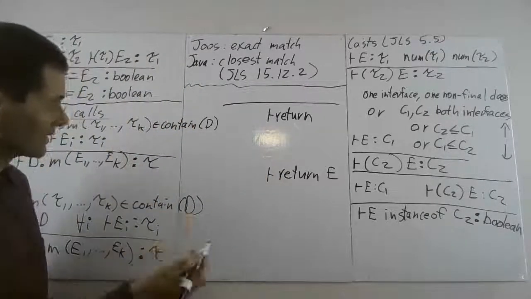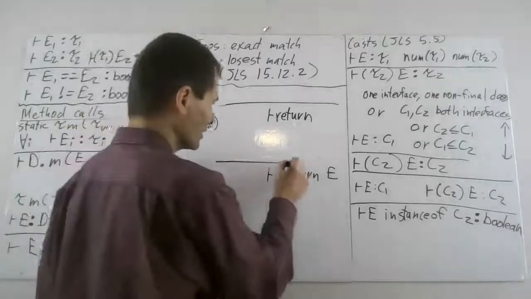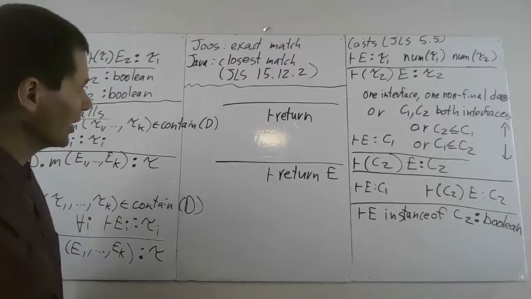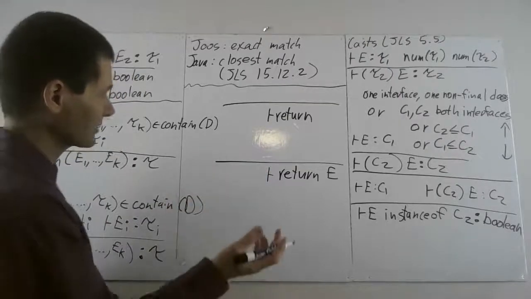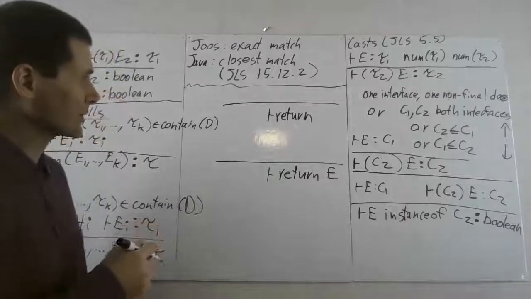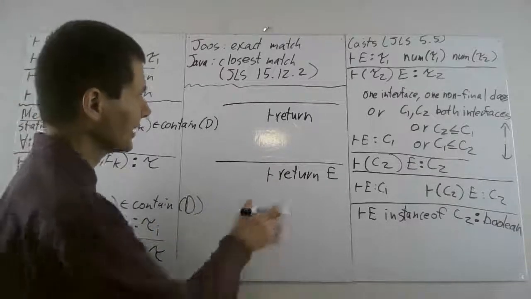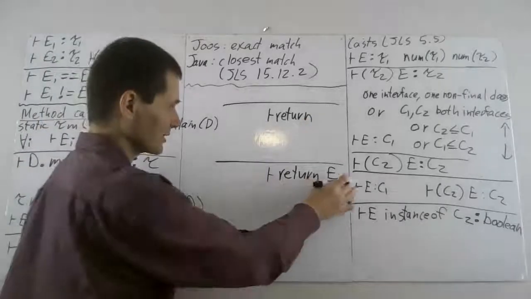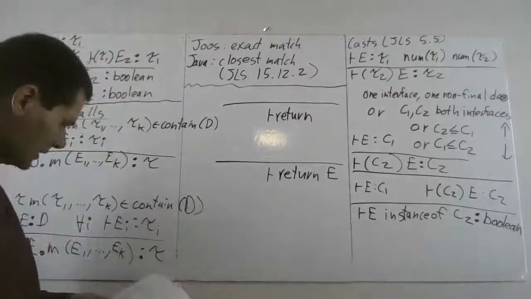And okay, and so the way that you know which one of these two forms is allowed is depending on what method you're in, right? If you're in a method whose return type is void, then you have to say return with no expression. And if it's not void, then you have to give an expression.